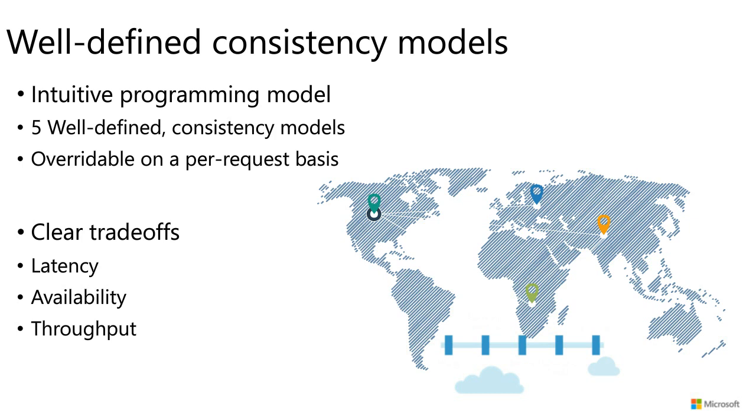And what we've done is we've taken a very pragmatic approach of selecting 3 additional intermediate click stops for you to tune and navigate this trade-off that have very real, meaningful, real-world scenarios, so that you can actually choose the right trade-offs between latency, availability, and throughput for your application.